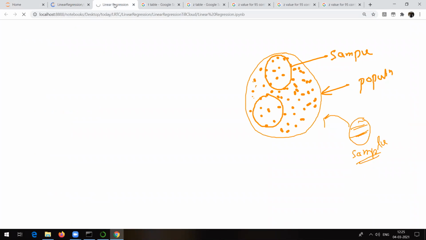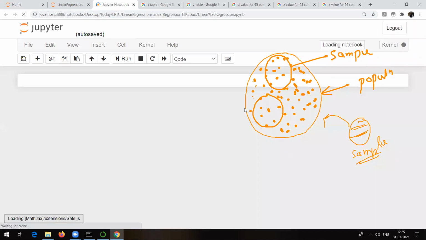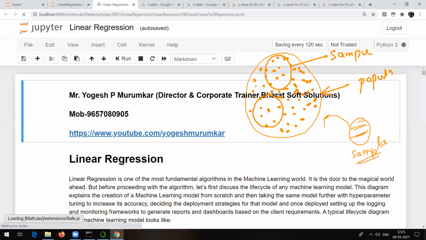So that is nothing but sampling, and sampling is going to save a lot of time. Instead of directly applying something on the complete data set, we do sampling. That's what we also do in real time.